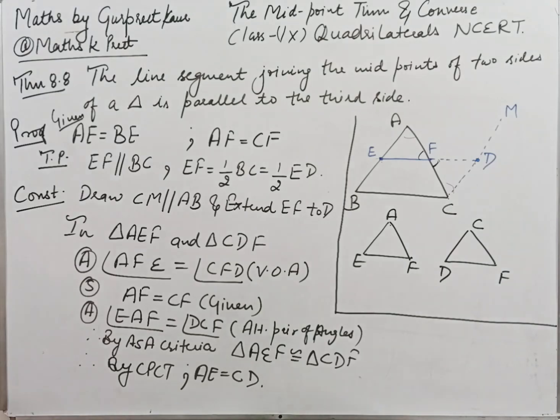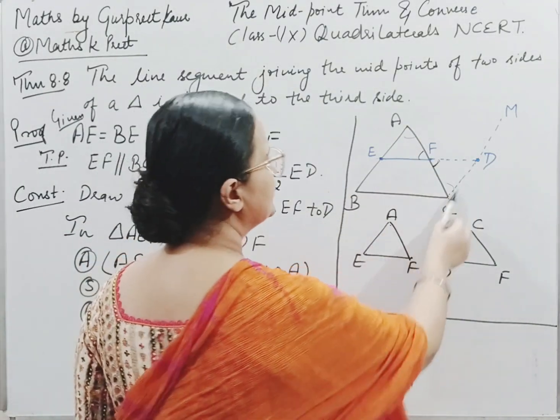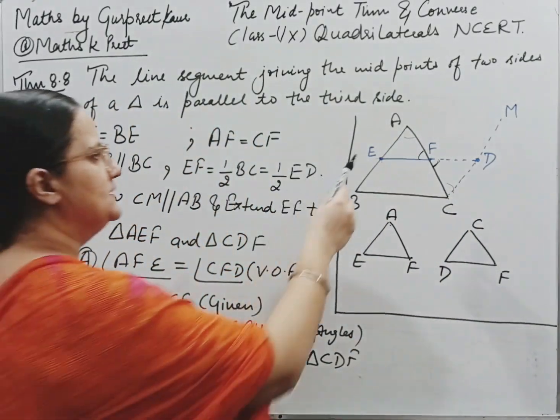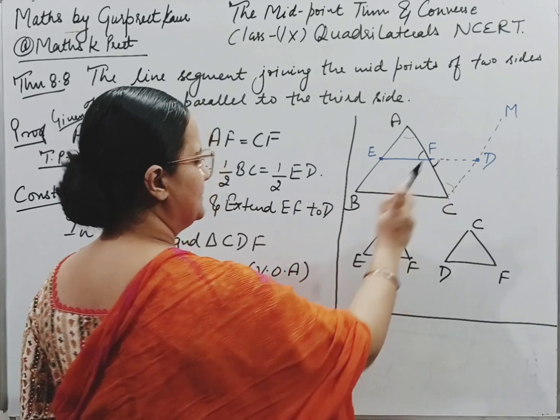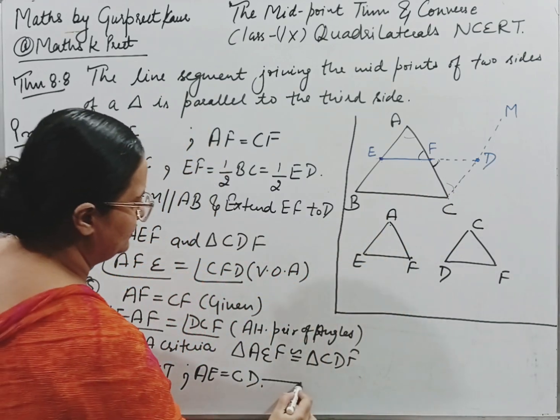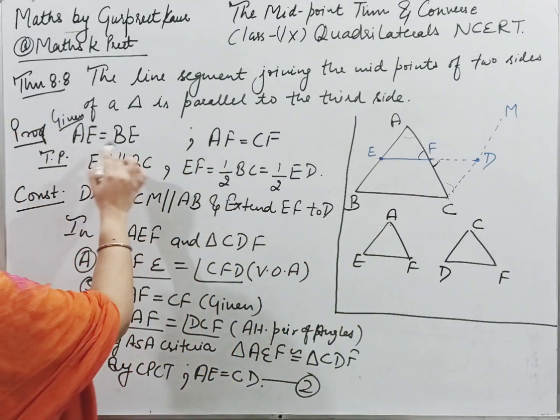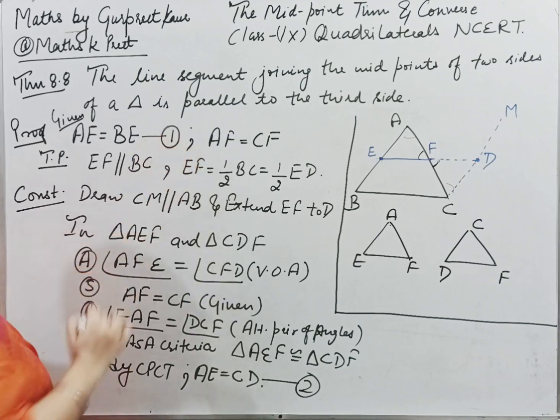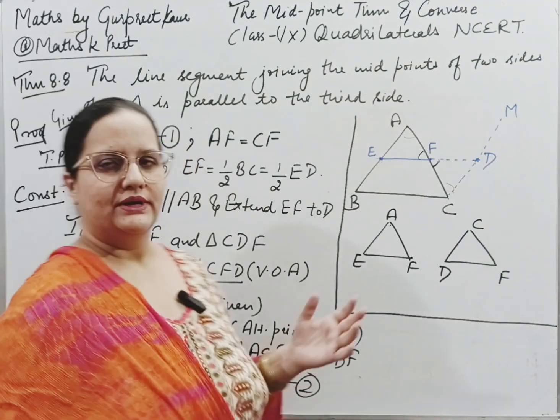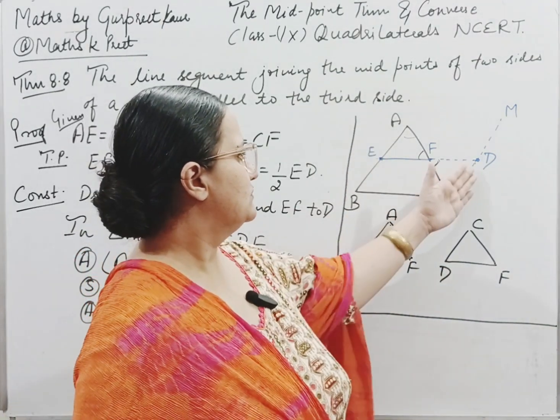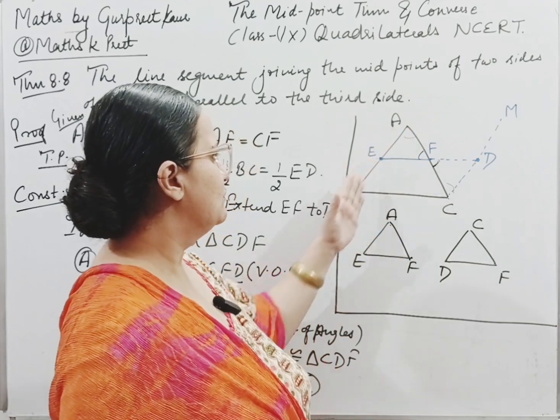So what is the use of these two sides that we have just proved equal? This side is equal to this side, we have just proved. So we can mark it number 2, and here AE is equal to BE. This is number 1. So from 1 and 2, this AE is equal to CD and this AE is equal to BE.